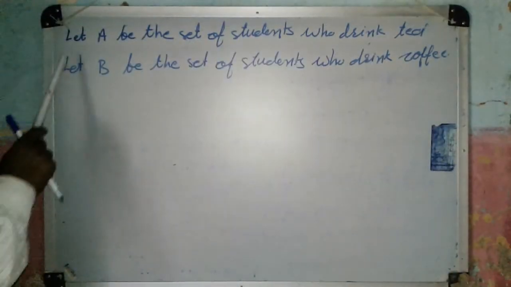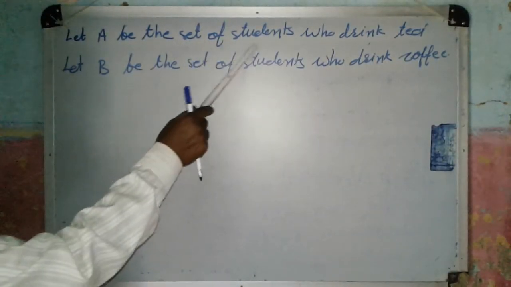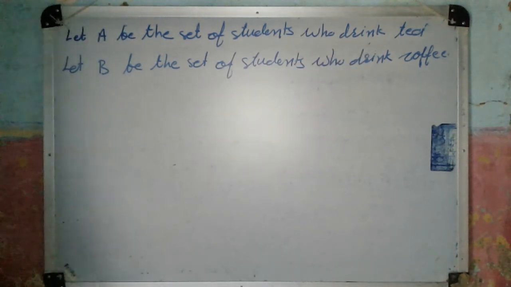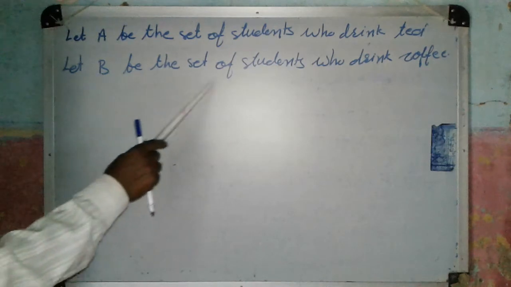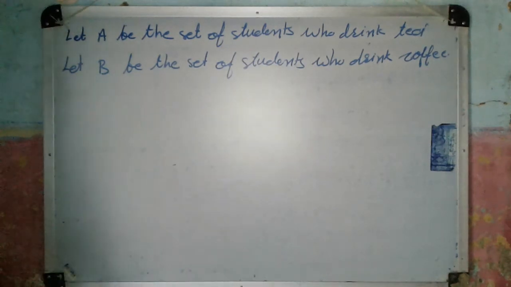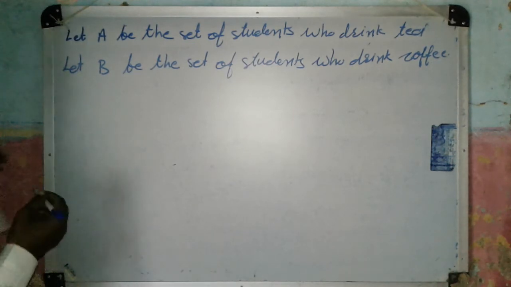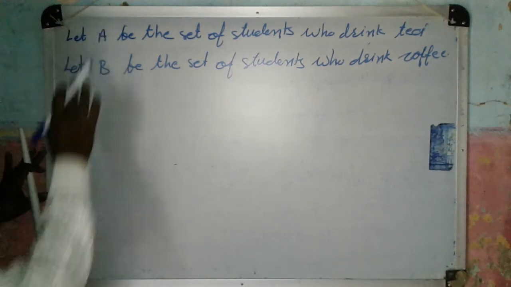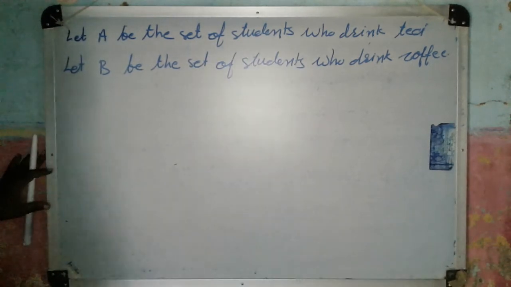Now here, let A be the set of students who drink tea, and B be the set of students who drink coffee. Now, according to the example, 80 students drink tea. So that means in set A there are 80 elements.